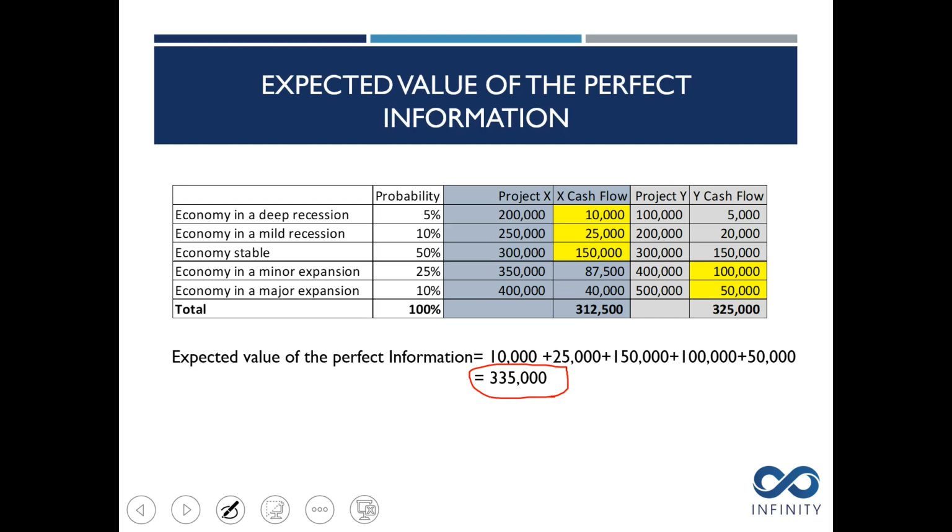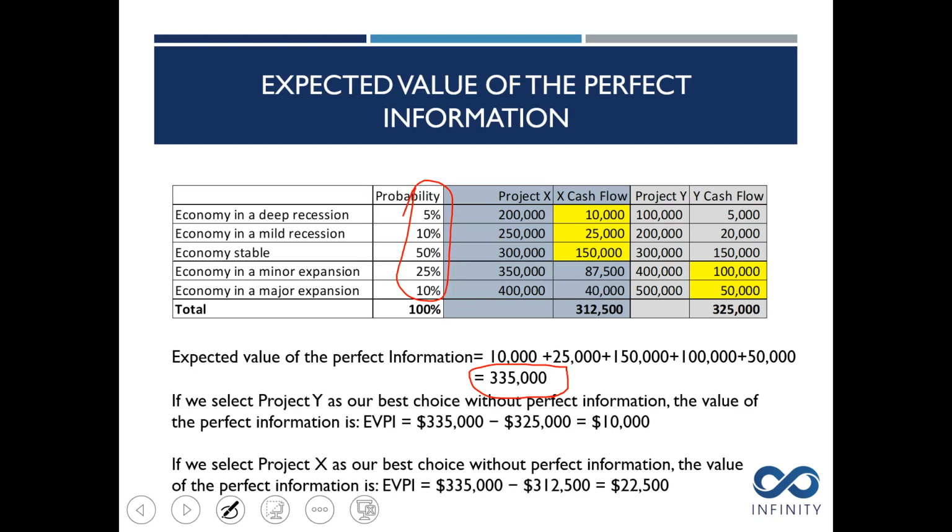So when you have perfect information, you will make the best decision, right? And you will weight all these values based on the probability of the state of the economic condition. And you got 335,000. The calculation of the expected value of perfect information, as we said, is the expected value with perfect information minus the expected value without perfect information.